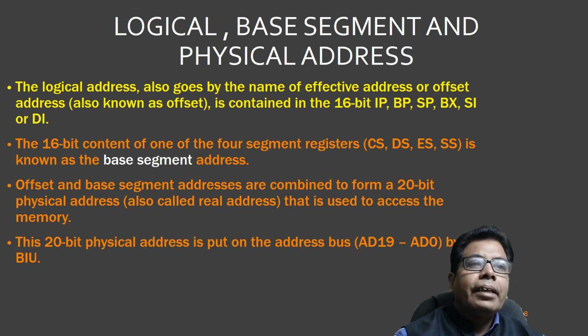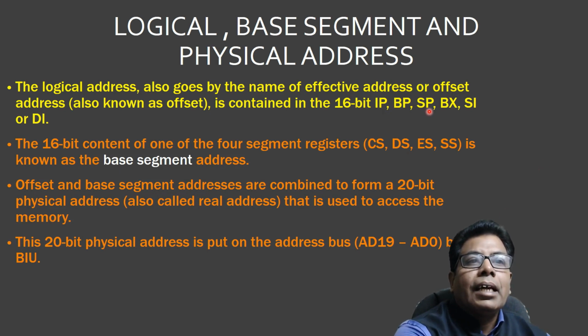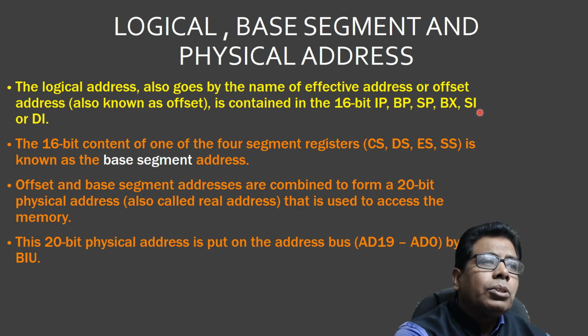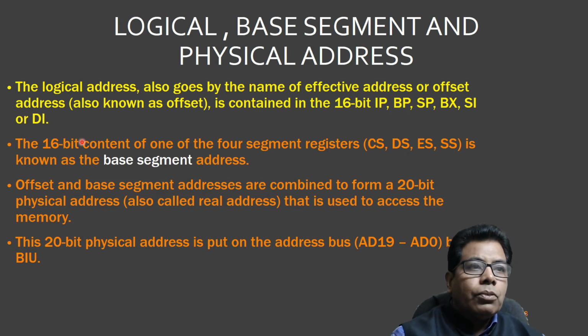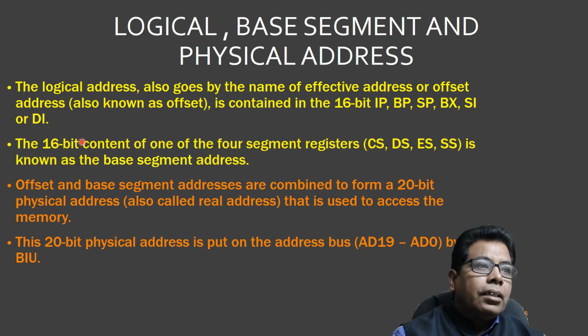It is contained in the 16-bit instruction pointer, base pointer, stack pointer, base register and the source index or DI, destination index. The 16-bit contents of one of the 4 segment registers, that is CS, DS, ES, SS, is known as the base segment address.